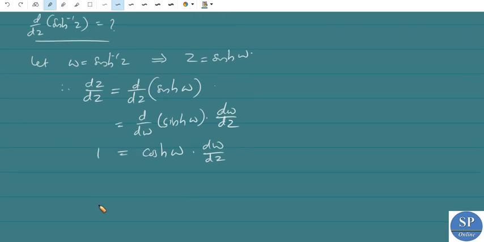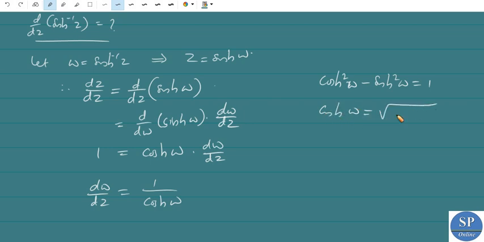So we need dw by dz, that is d by dz of sinh inverse of z. So dw by dz is equal to 1 by cosh w. But we have the identities of hyperbolic functions. We have cosh square w minus sinh square w is equal to 1. So from that we have cosh w is equal to square root of 1 plus sinh square w.